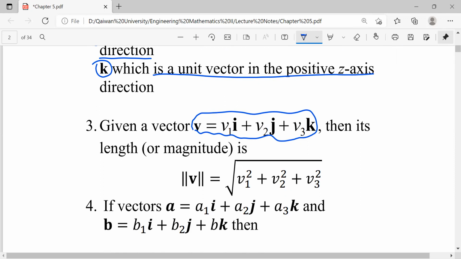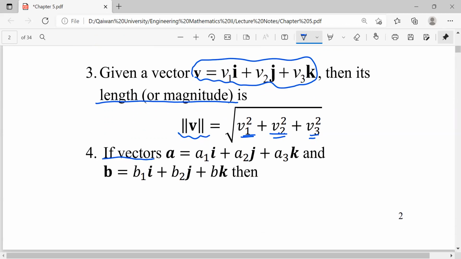Then its length or magnitude, which are the same, is the square root of v1 squared plus v2 squared plus v3 squared. This is the magnitude, or the length, of vector v.